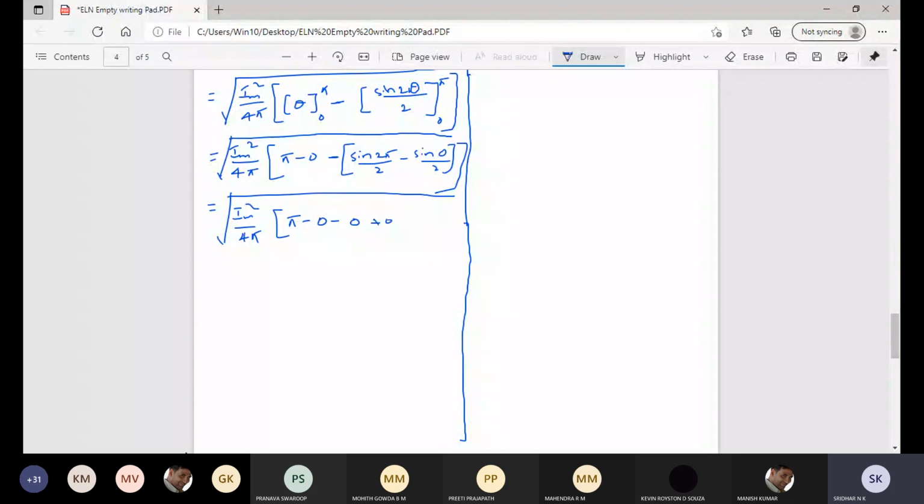So obviously this term will be Im square by 4 pi into pi, and this pi and this pi will get cancelled. So you will get Im square by 4, which is nothing but Im by 2.